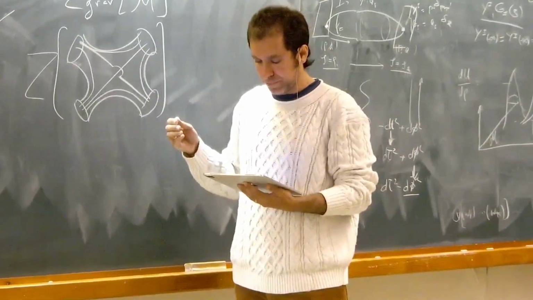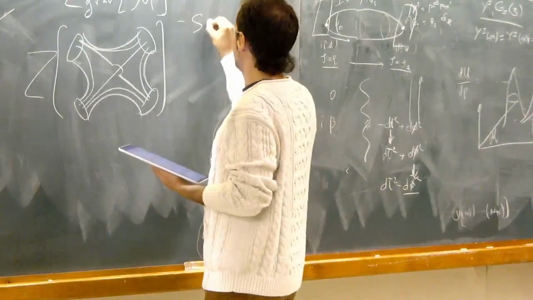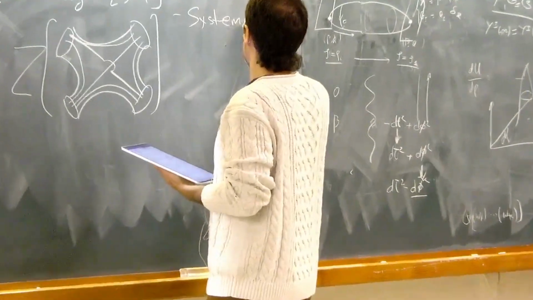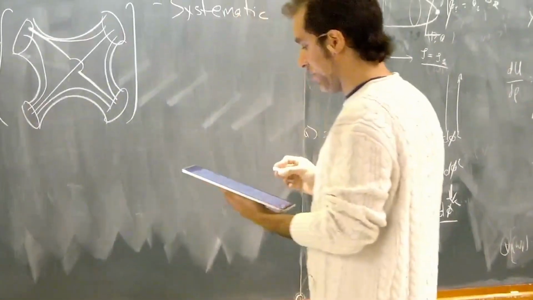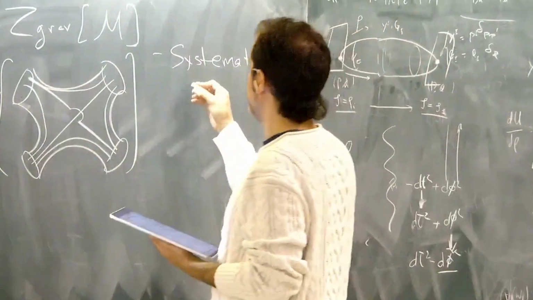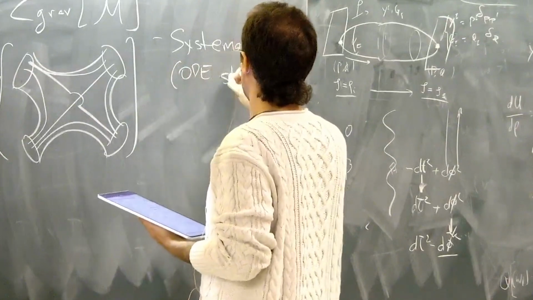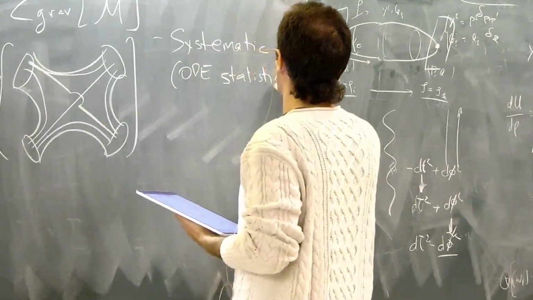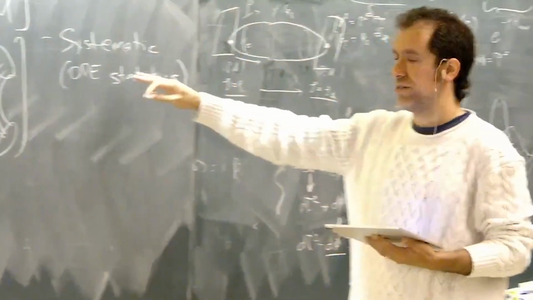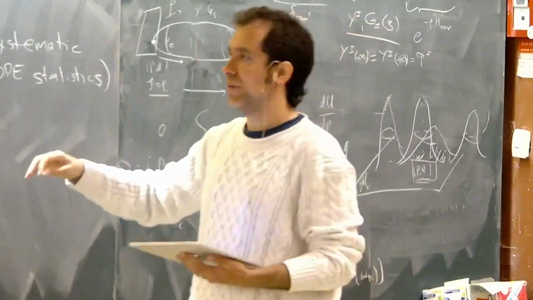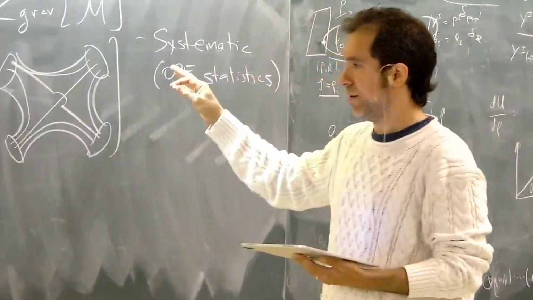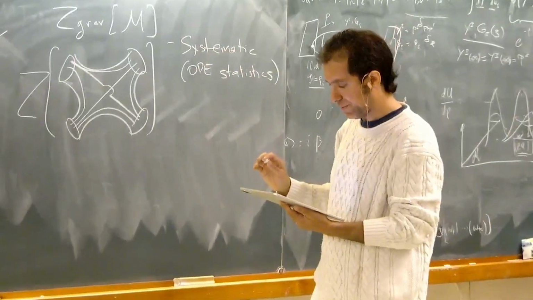So I would say this is highly systematic. It allows you to systematically access this picture of OPE statistics at high energy in a more robust way than that story.